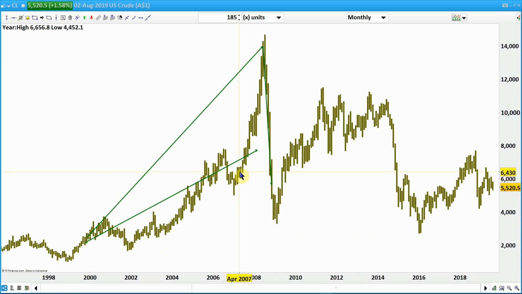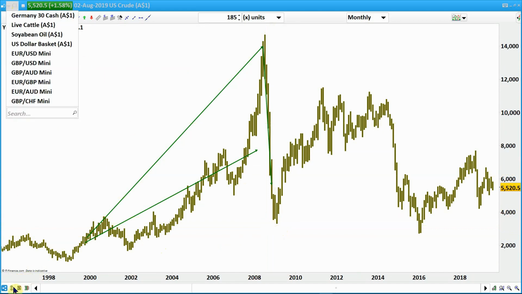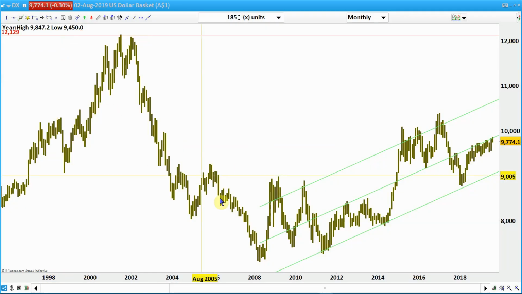So if you want to quickly check Sri's statement that the dollar price went down in 2008, you can unlink this and then go to DX, the US dollar basket, here. From 2008, actually Sri, your statement is not matching.